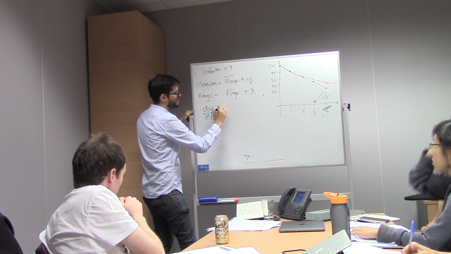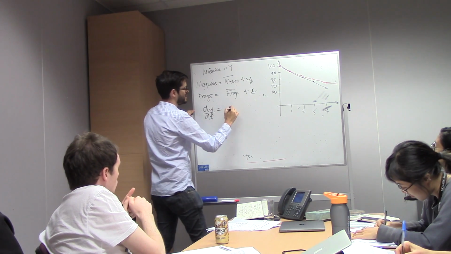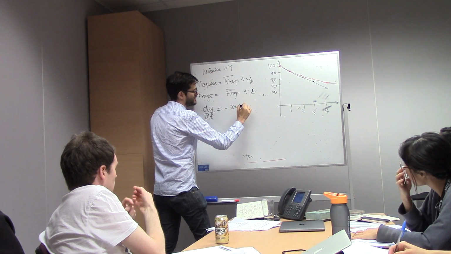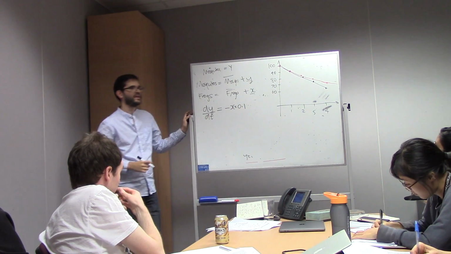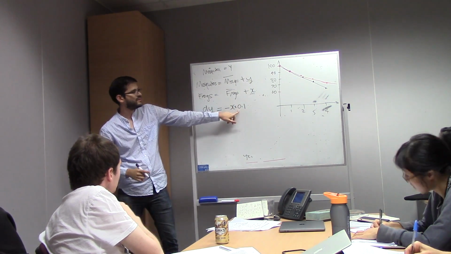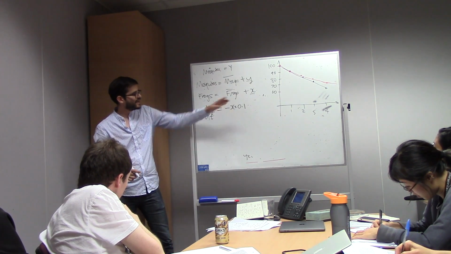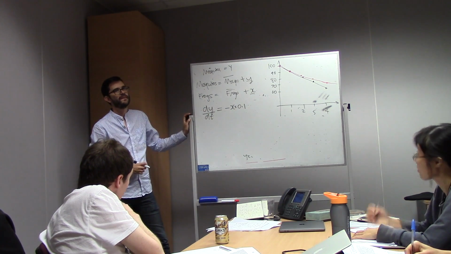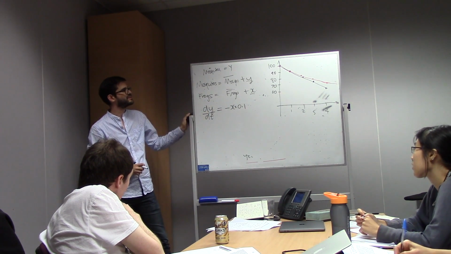We know mosquitoes get eaten, let's just say, minus x times 0.1. Okay, they get eaten at a rate of 10%. There's 10% less of how many frogs there are. So 10% of the frogs are eating mosquitoes.